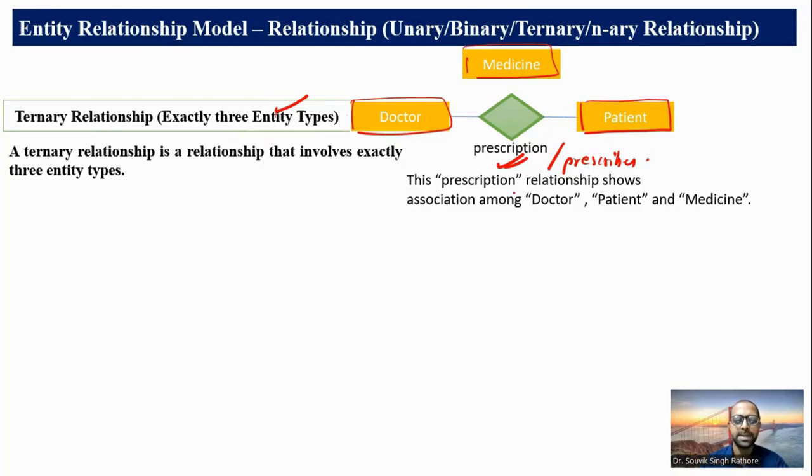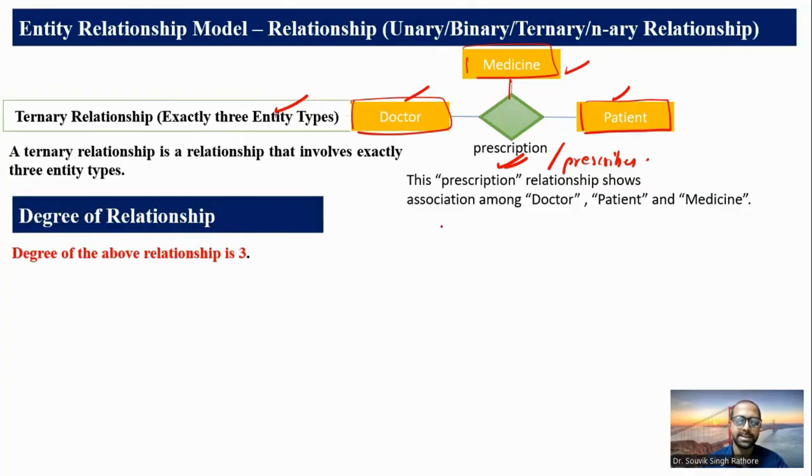The relationship represents the association among all the three entity types: doctor, patient, and medicine. For example, a doctor prescribes a particular medicine to a particular patient. Therefore, the degree of relationship is 3 and hence it is called a ternary relationship.